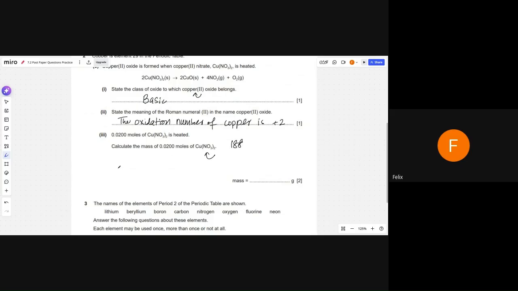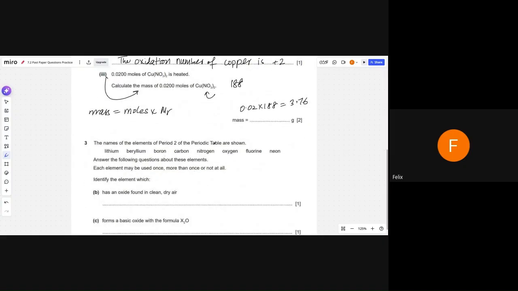If moles are given and they ask you to convert it into grams, the formula is mass equals moles times the Mr, the molecular mass or relative molar mass. It's the same thing. So it will be 0.02 times 188. So the answer is 3.76 grams. Now we move on to the next question.